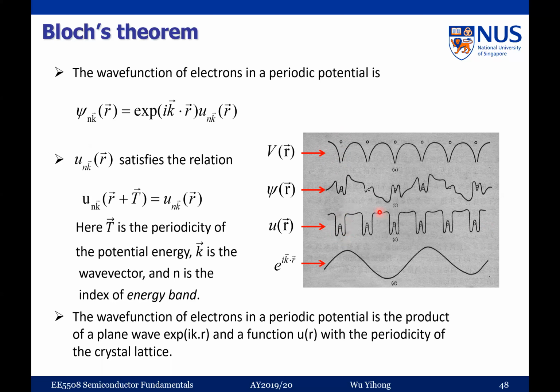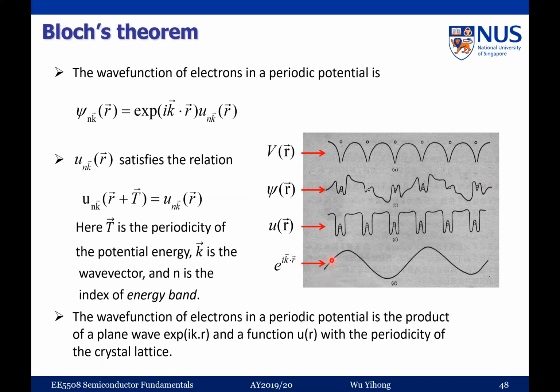And then between the two atoms, of course, the interaction is weaker, and you can see that U is almost a constant, right? And then this U(r) is multiplied by this plane wave, and then you get this wave. So it looks like a plane wave which is modified by this U(r), right? If we superimpose this U here, you will see something like this.